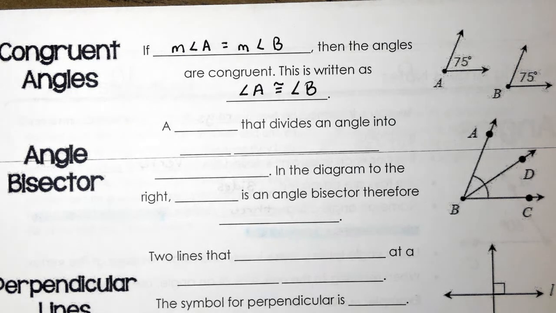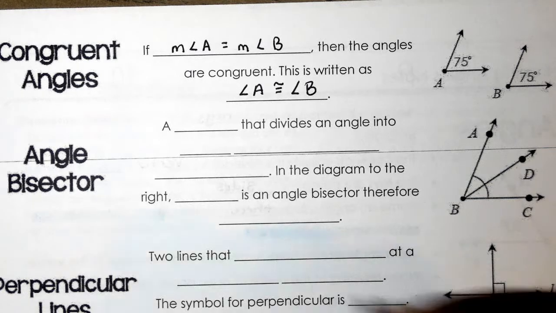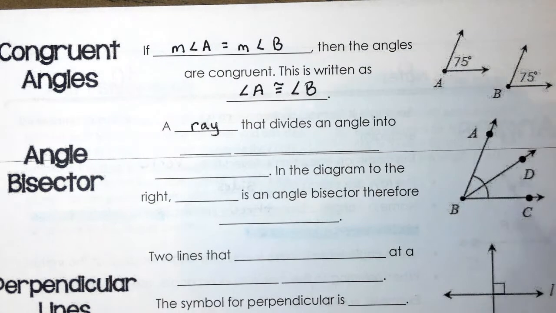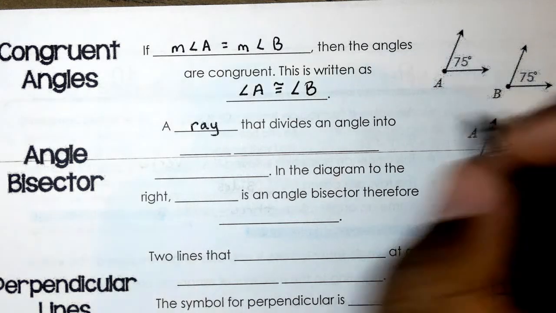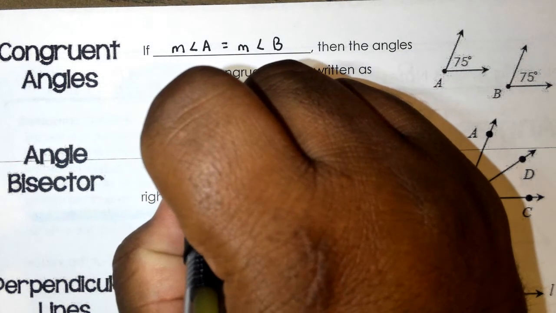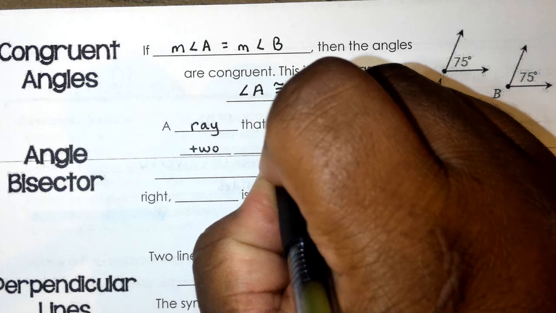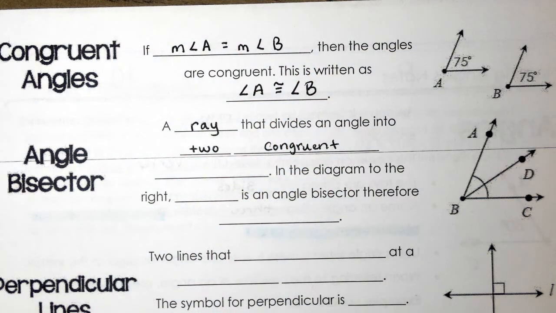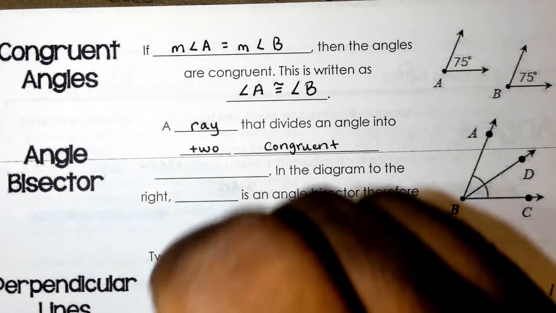Alright, so in this case, for an angle, if you have a bisector and an angle, it's going to be a ray that divides an angle into two congruent angles.